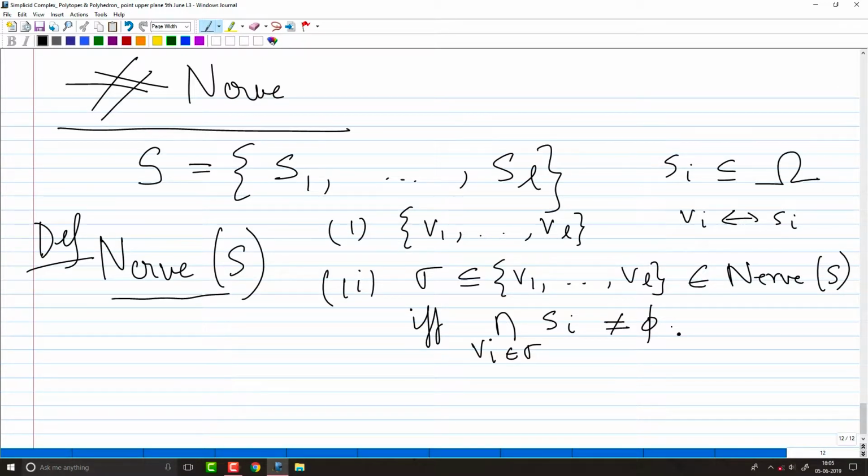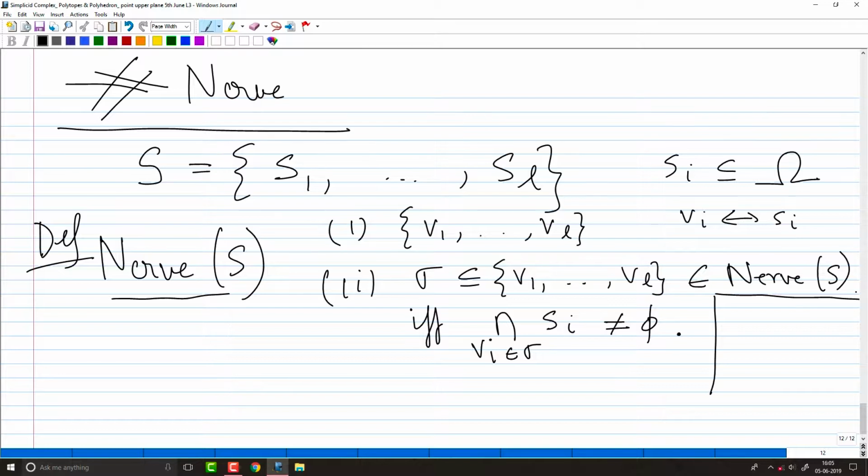Also, before I give this definition, just one small comment. The theorem, what did we prove at the end of last class? We proved that any t-dimensional abstract simplicial complex has a geometric realization in R^(2t+1).